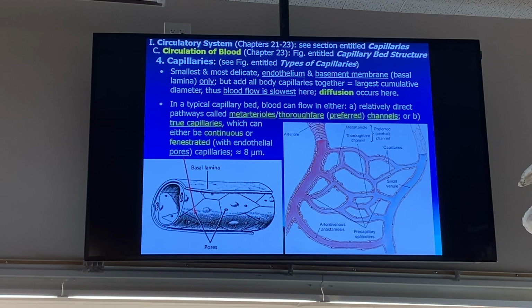So you just have it go through the meta-arterial. So far so good? Now you eat a Snickers bar and your blood glucose spikes. Your beta cells in your pancreatic islets wants to secrete insulin. But there's a bunch of cells making insulin. So if this capillary bed needs to pick up a bunch of insulin, it's going to constrict the thoroughfare channel, the meta-arterial, and it's going to dilate all the ones to the rest of the other capillaries.